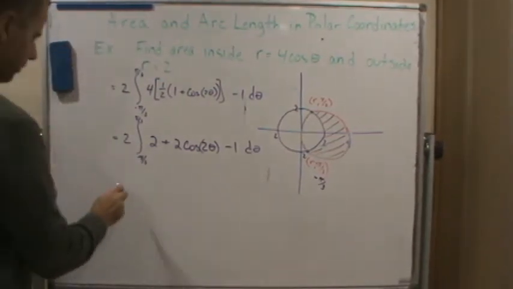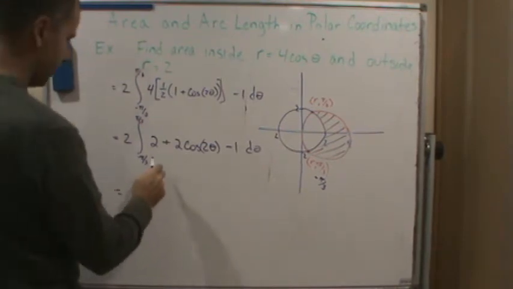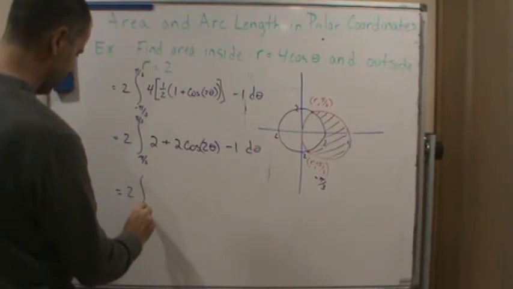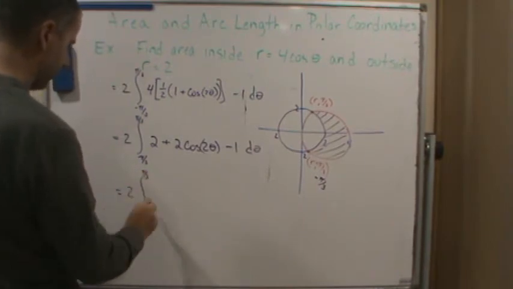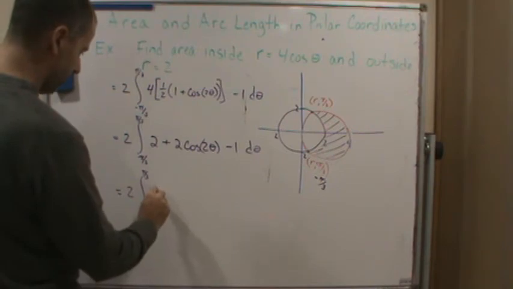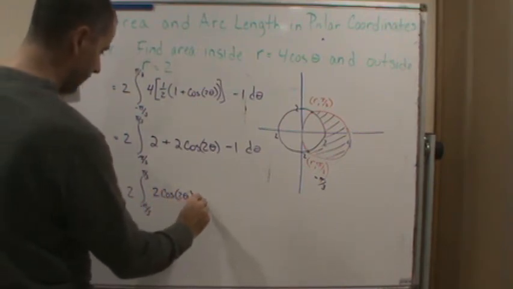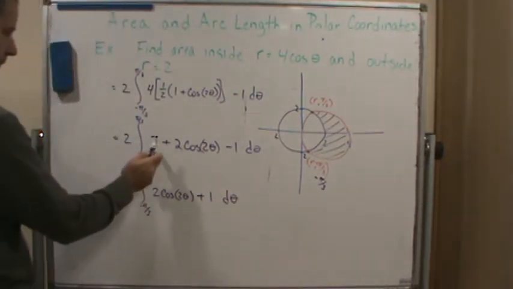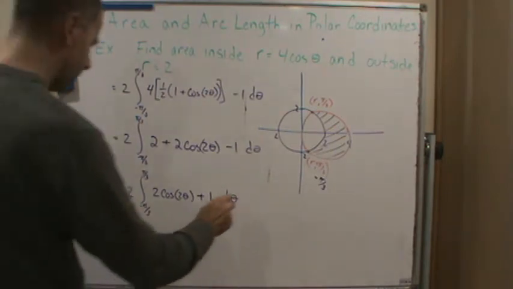And so now, this is just going to become what? It's going to become 2 times the integral of negative pi over 3 to pi over 3. And this is going to become 2 cosine 2 theta plus 1 d theta. Okay?